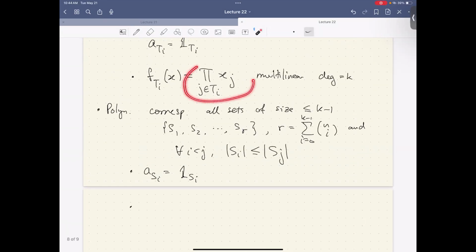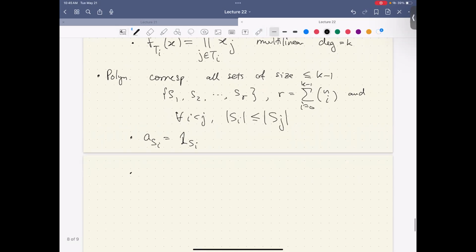We're not just using these, we have to multiply an additional factor. Let me write it. So let's first introduce the function G_SI of x equals the product. The natural choice is you take the product of x_l, l in Si.